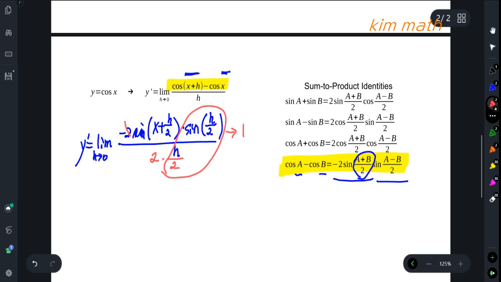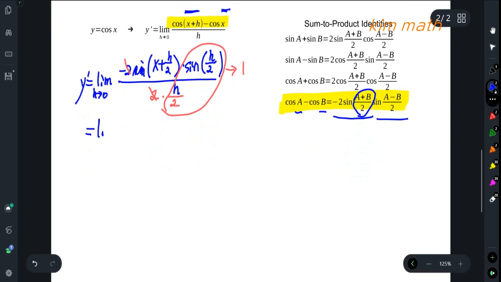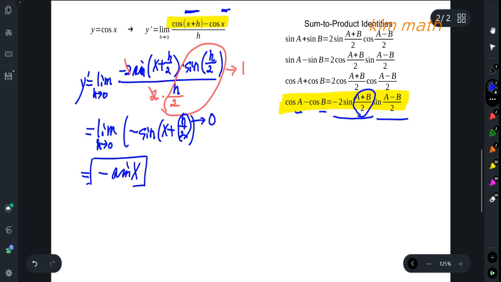And this 2 will be cancelled out. So you have the limit as h approaches 0 of negative sine of x plus h over 2. As h approaches 0, this approaches 0. So please note that we have only negative sine of x, the same result, right?